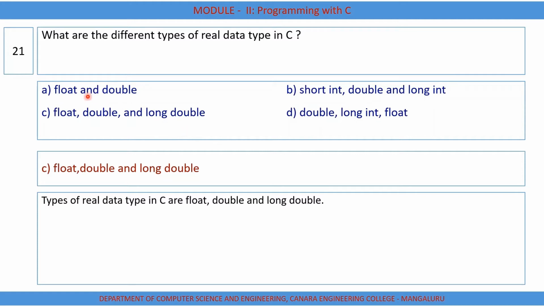Float and double is correct because both are used to represent real data. Then short int, double and long int: long int and short int are used to represent integers, whereas float, double and long double, all three are used to represent the real data. Double, long int and float: here long int is used to represent the integer data type. That's why it is incorrect. So option C is the correct answer.